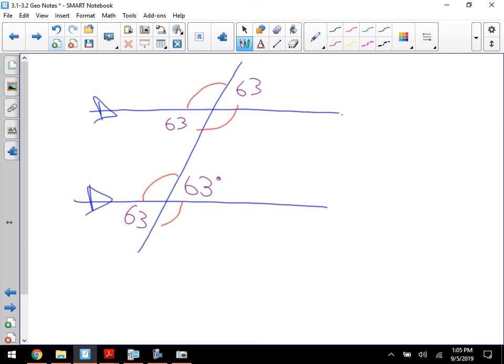Alternate exterior. Opposite sides on the outside. Opposite sides on the inside. Which means all the red ones have to be 63s somewhere. Which means we just subtract 63 from 180, and what do you get? 72. There you go. That makes all these guys 117.